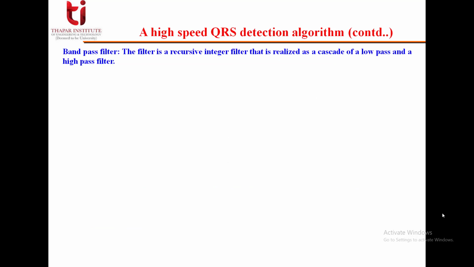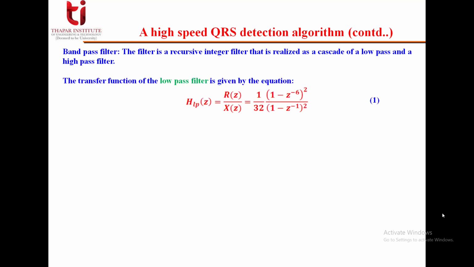Now the band-pass filter is designed as a recursive integer filter, that is a cascade of a low pass and a high pass filter. So we'll discuss this low pass and high pass filter in a little bit more detail. As you can see in equation number 1, it gives the transfer function of a low pass filter. H means transfer function, LP here signifies low pass.